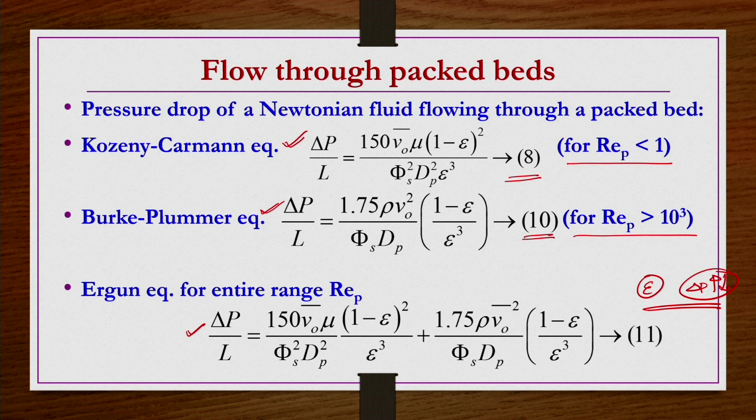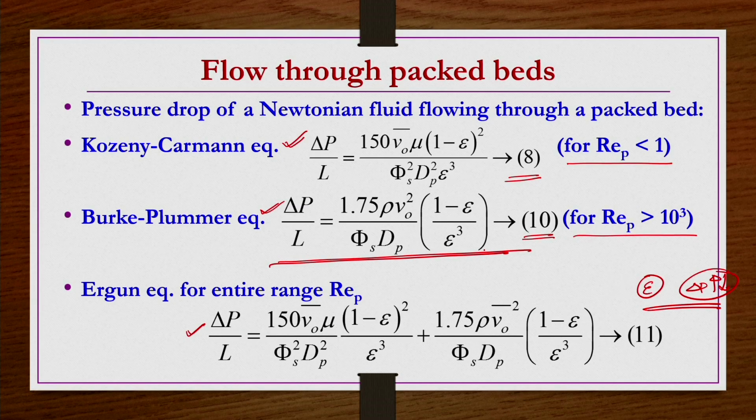Now, we try to find out the magnitude of viscous losses contributing to the pressure drop here. Similarly, the magnitude of kinetic energy losses contributing to the pressure drop of a fluid flowing through this packed bed. How to do this? Simply, whatever the pressure drop is from this equation, if you divide by the kinetic energy, that is half rho v square, then we get the magnitude of kinetic energy losses.